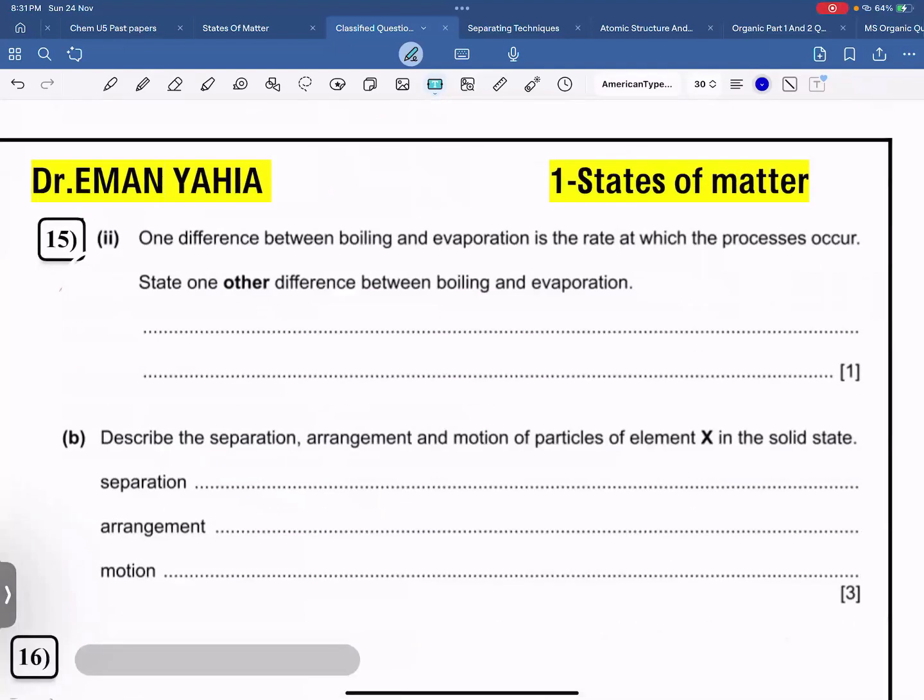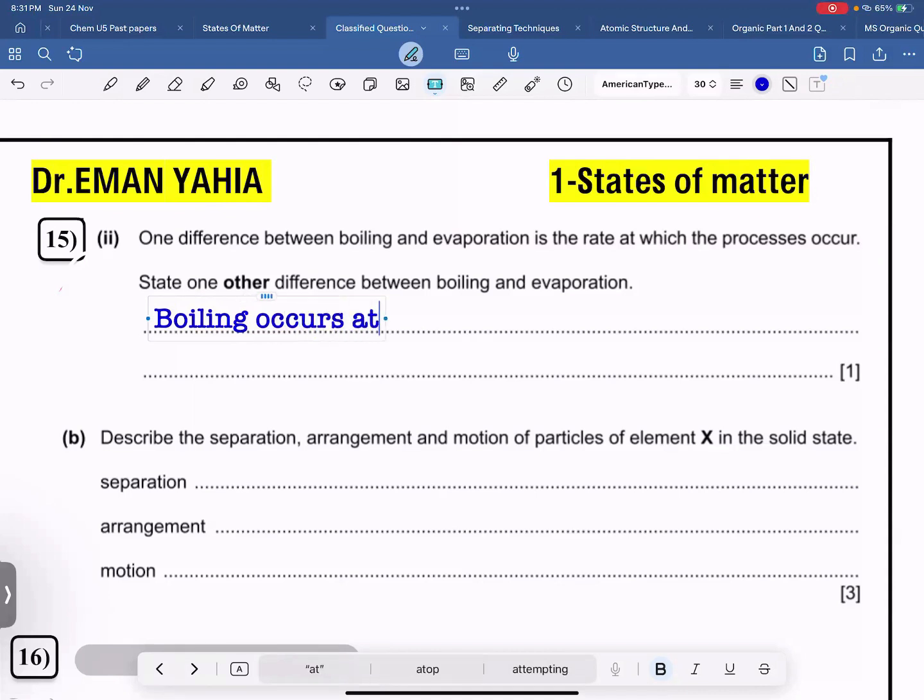Then, very tricky question. One difference between boiling and evaporation is the rate at which the process occurs. State one other difference between boiling and evaporation. Take care. Boiling occurs at an exact or fixed temperature, but evaporation occurs below the boiling point and only for particles on the surface. So boiling occurs at a fixed temperature.